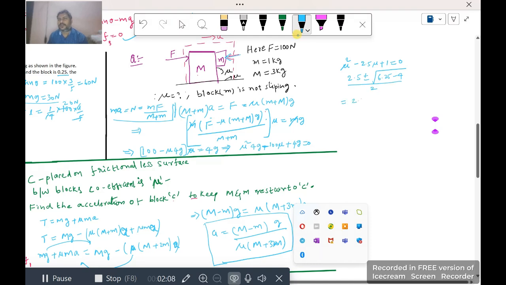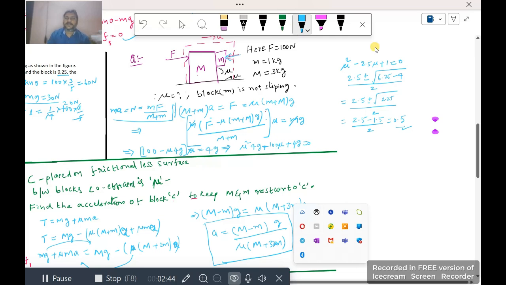So this is 2.5 plus or minus root over 2.25 by 2. For minimum friction, this is minus only, I will take by 2. So that equal to 0.5. If you take plus, it will be more than 2, means equal to 2 will come. So generally the minimum friction only is asked.